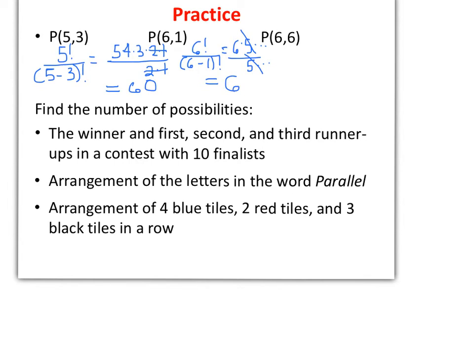And then P(6, 6), what does that mean? So that means we have a 6 factorial on top over 6 minus 6 factorial. Well, this is important because that means we need to standardize what 0 factorial means, and that's why I did this problem. So 0 factorial always means 1, because you can't divide by 0. It's the same way that anything raised to the 0 power is 1.